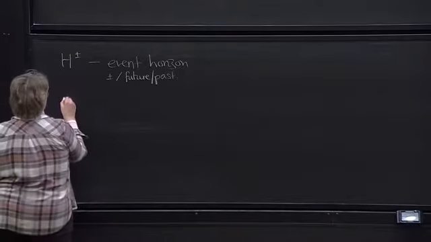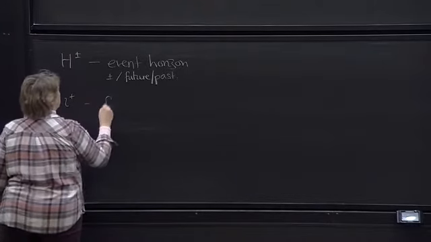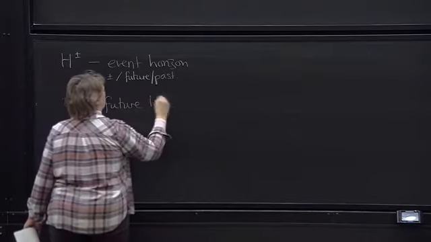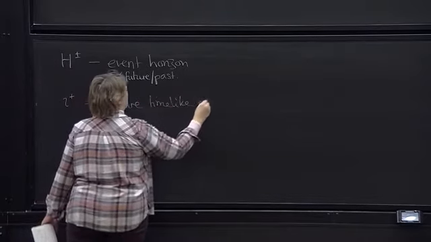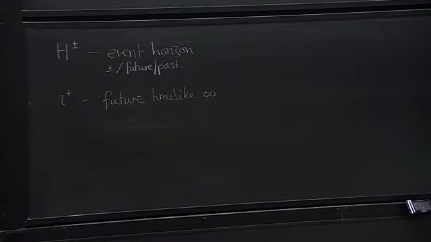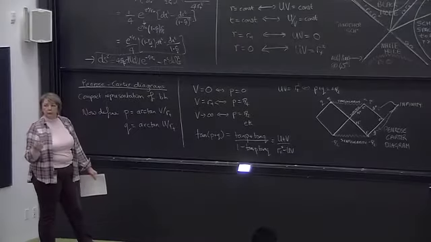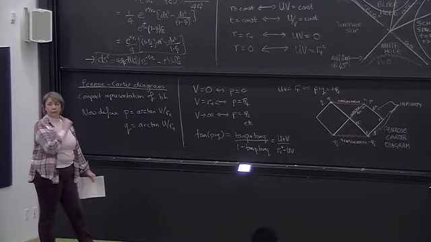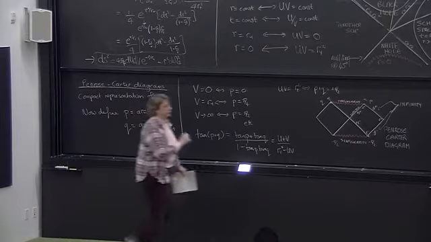The I plus is future time-like infinity. So if we think about waiting around in the Schwarzschild space-time until the clock runs out, this is where we would end up if we, as a physical observer, so not a null observer, didn't fall inside the black hole.